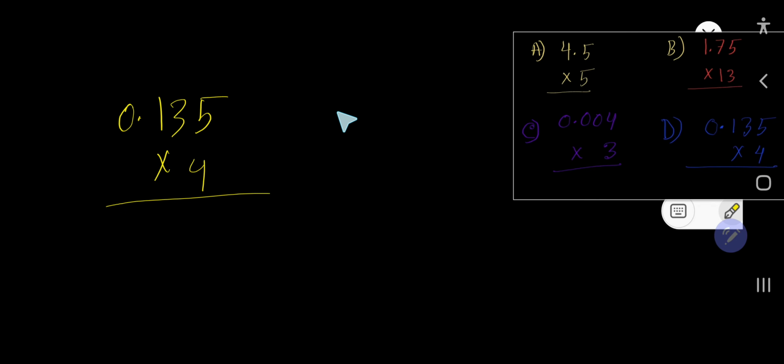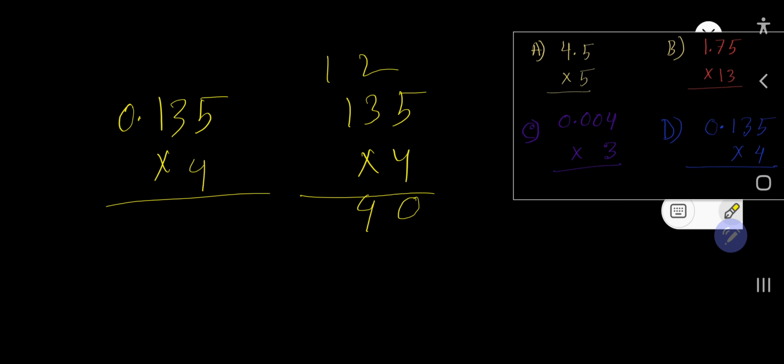So write the number without the decimal and do the normal multiplication. 4 times 5, 20, write here 0, carry over 2. 4 times 3, 12, plus 2, 14, write here 4 and carry 1. 4 times 1, 4, and add 1, that is 5.